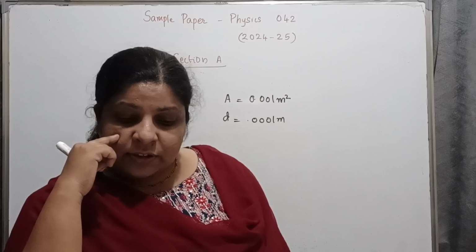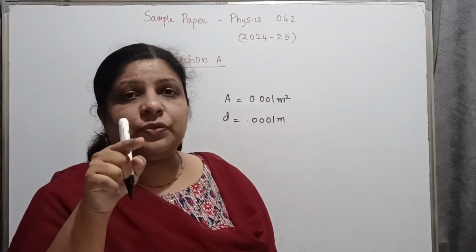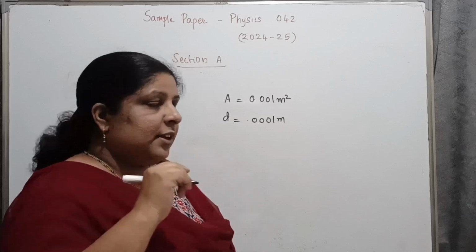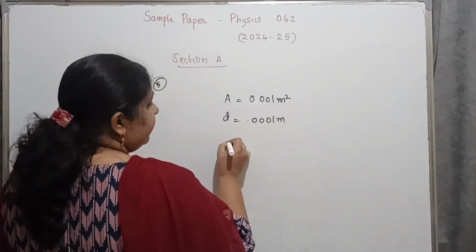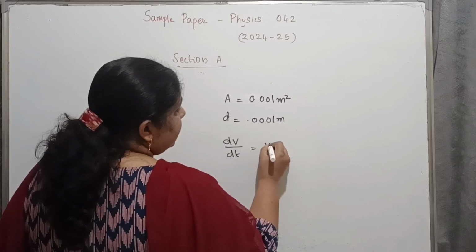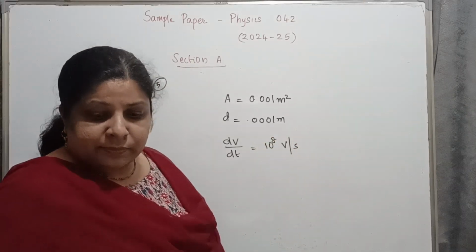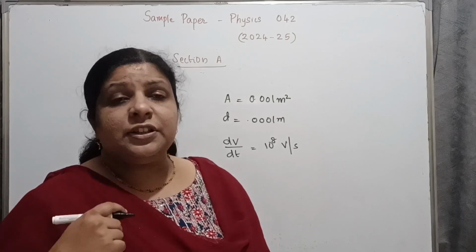If the voltage across the plates varies at a rate, so rate of change of voltage, that is dV by dt, given as 10 raised to 8 volt per second, then find the value of displacement current.